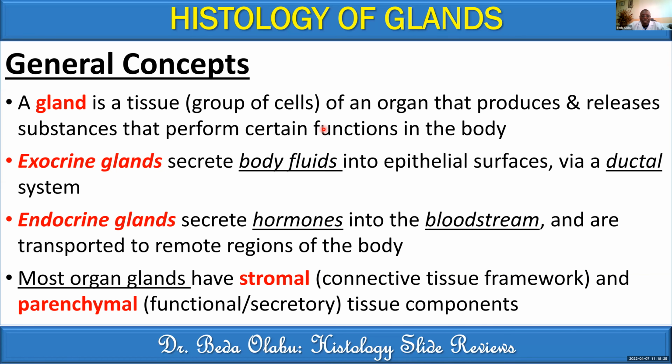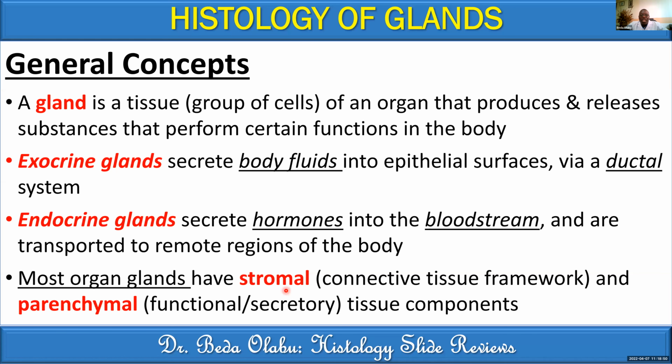For most glands, whether endocrine or exocrine, they will have parenchymal components, which are the functional components, the part that produce the secretions, but they'll also have a stromal component. The stromal component refers to the connective tissue framework that hold the gland. It could be a capsule that's surrounding the gland.